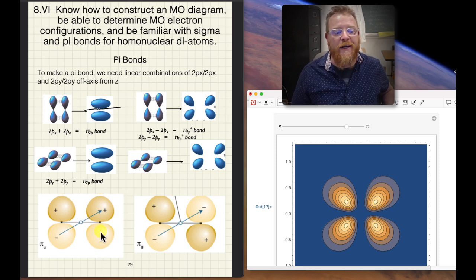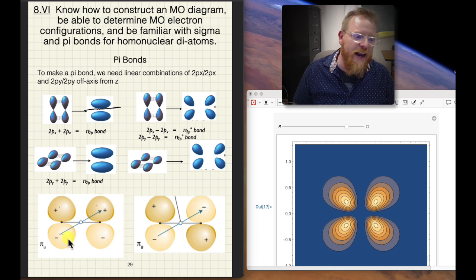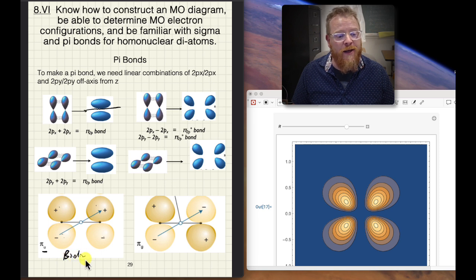For example, to get my two p orbitals to combine constructively, the two phases have to be oriented correctly. So the positive lobe has to be oriented with the positive lobe, and the negative lobe with the negative lobe. As a result, that's going to end up with an ungerade symmetry operation for bonding. And for anti-bonding, now the two signs are flipped, which is what gives us the destructive interference.